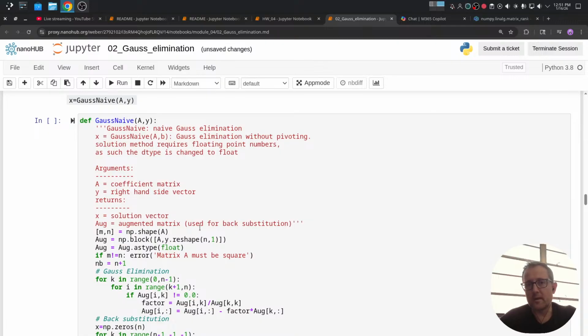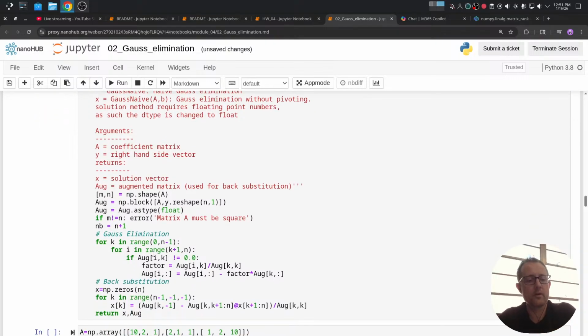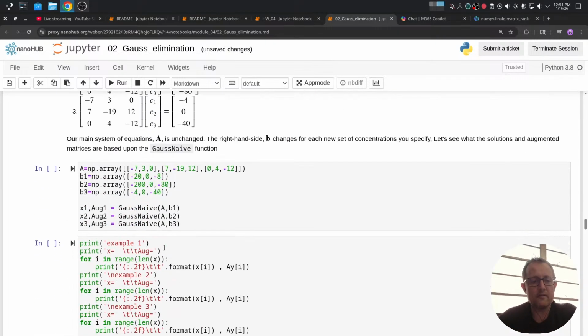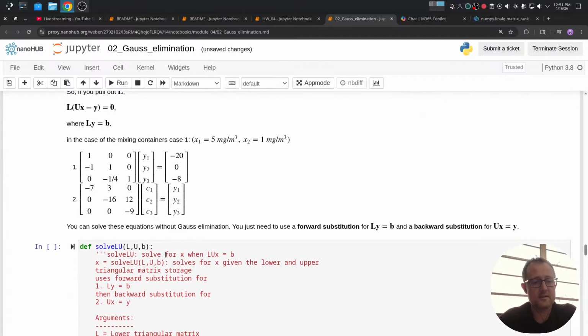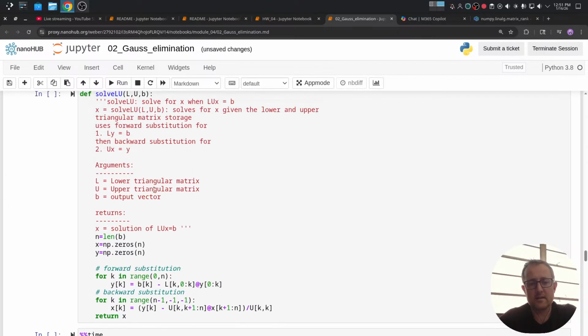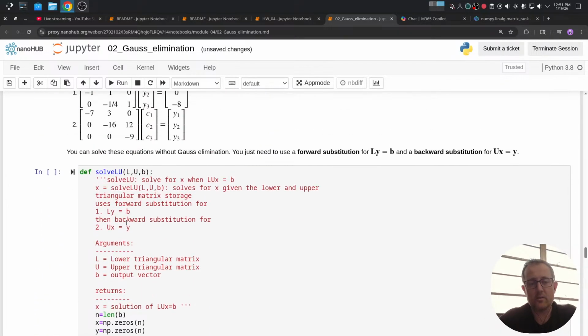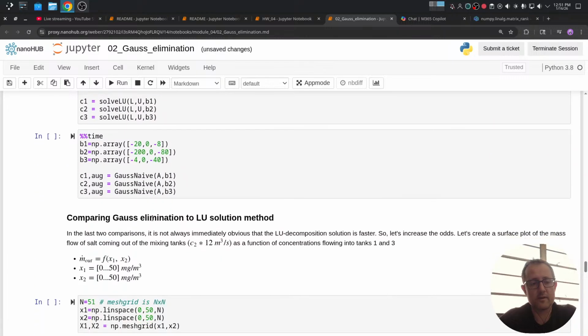That's about as bare minimum as you can get for solving linear algebra with Python, with computer code: Gauss naive, and then here's the solve. If you have the LU, this is how to solve it.